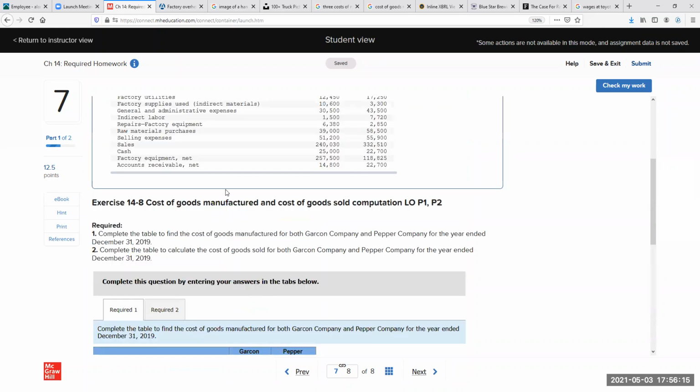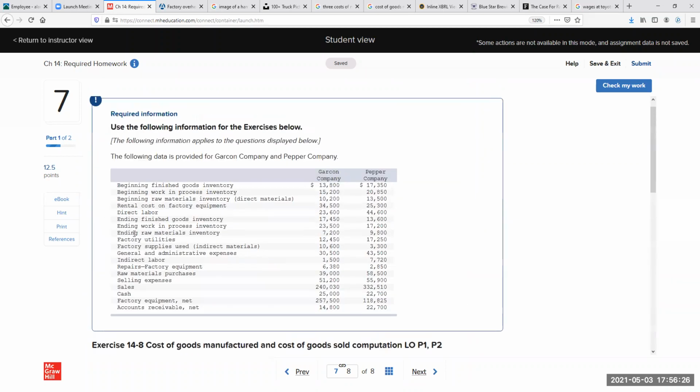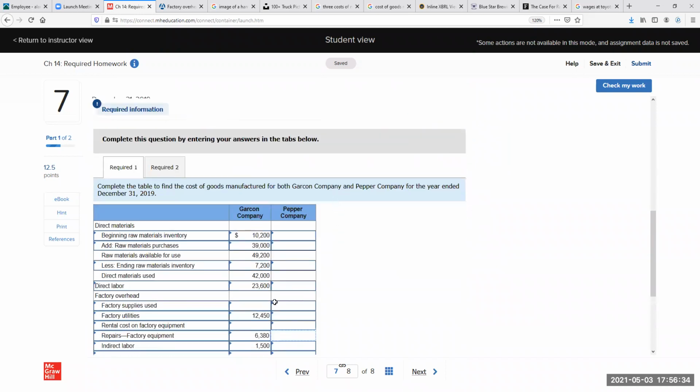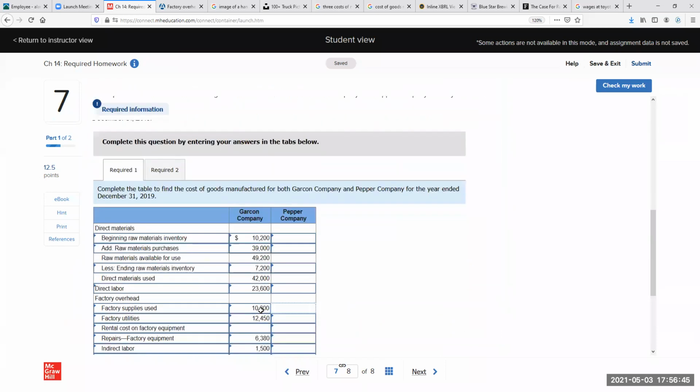Okay, repairs, there it is, 6,380. How about rental? Do I have something like that? Factory supplies used, 10,600. And rental cost, yeah, there it is, 34,500.